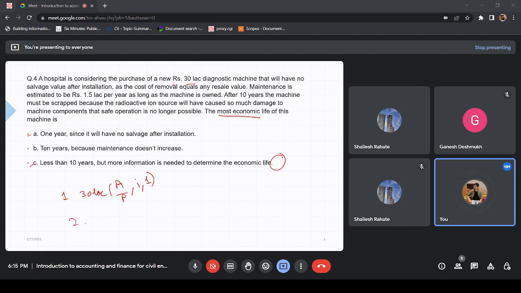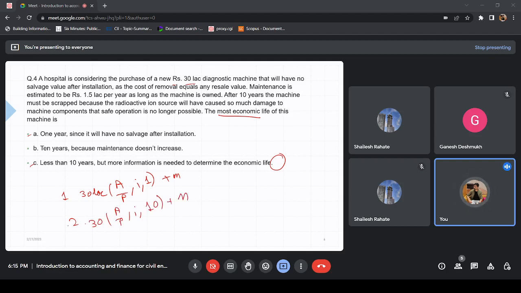In second case, 10 years because maintenance cost doesn't increase. Here there is some maintenance cost also. In second case, how much would it be? It would be 30 (A given P, I, 10) plus M.